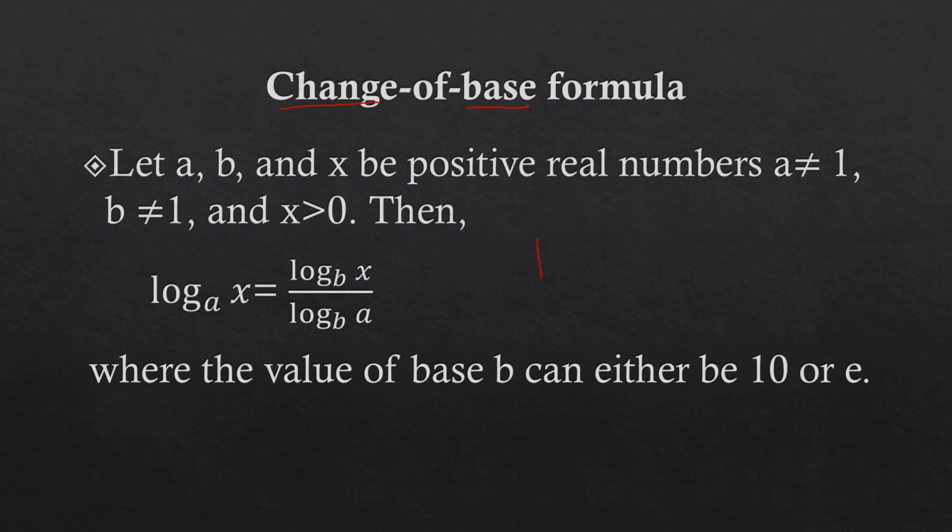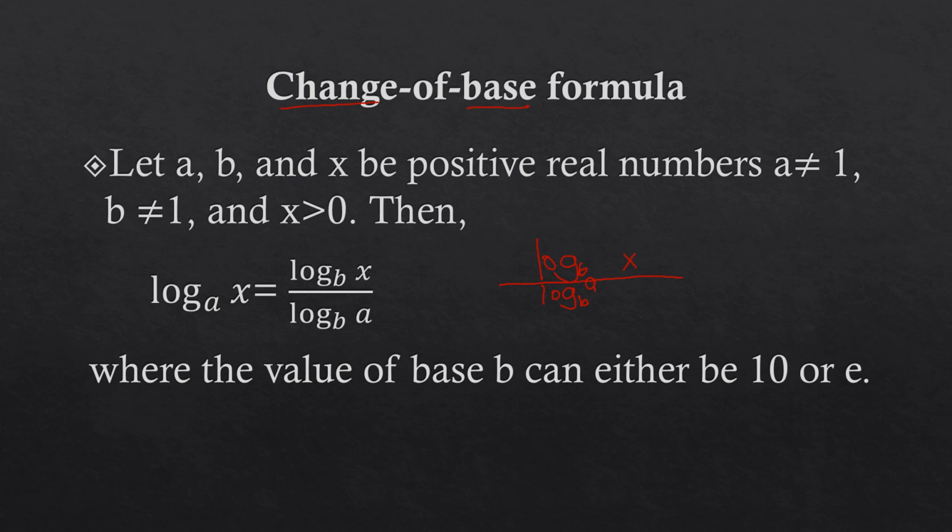Or to say it, when you have a log expression, log of x to the base of a, all you have to do is just slice it like this, and then insert your log. And there you go, log of x over log of a. But if you are changing it into a particular base, then you insert that base here. More likely, most of the problems are going to be changed into a base of 10.